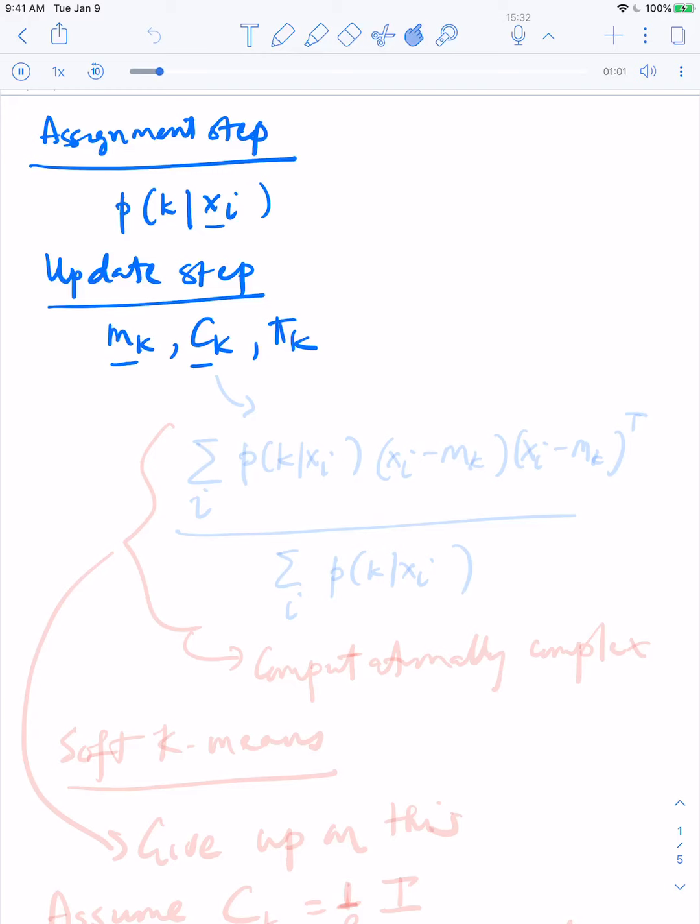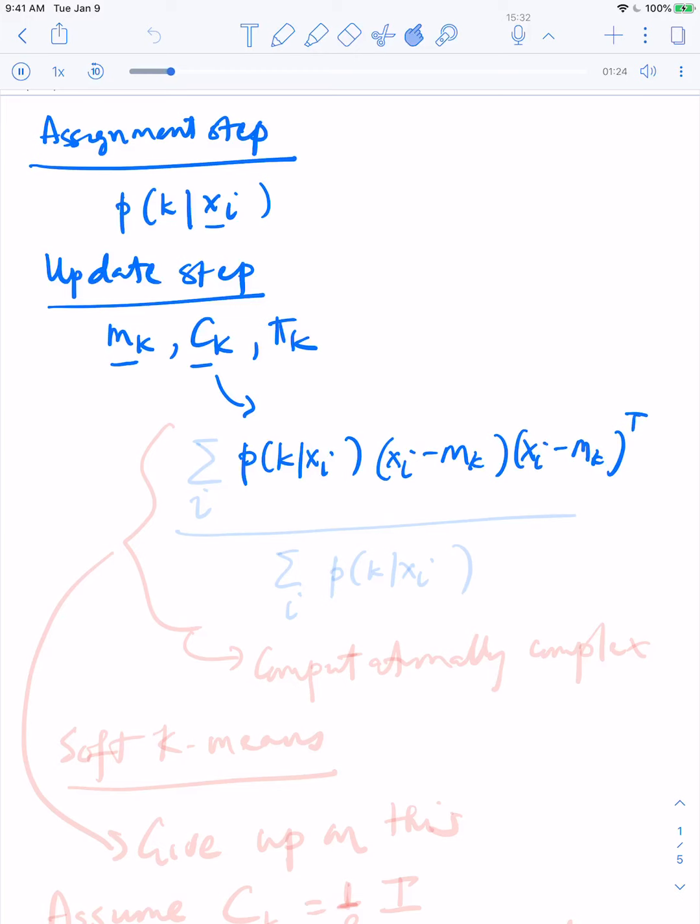So what happens in high dimensions is that the estimation of the covariance becomes a blocker. It becomes very complex, because remember what you were doing was p(k given xi) times (xi minus mk)(xi minus mk) transpose.